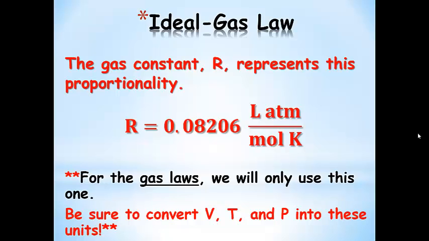But for us, we're going to use 0.08206 liters atmospheres per mole Kelvin. So for all of our ideal gas law problems, we need to make sure that we first convert all of our units into liters, atmospheres, moles, and Kelvin. That's always going to be the first step whenever you see an ideal gas law problem.